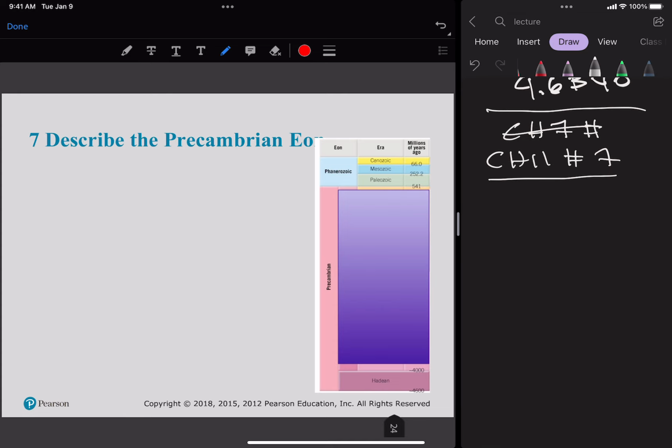What do we know about the Precambrian eon? This picture can offer you some hints here.